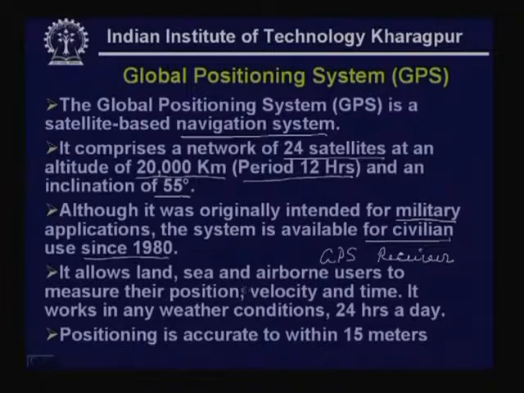Not only the position, the velocity and time can also be very accurately measured, and the accuracy can be within the range of 15 meters, and that is the reason why it is one of the most widely used satellite systems for measuring position, velocity and time.